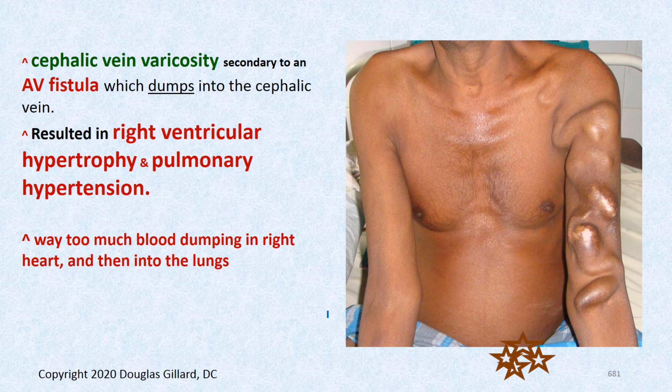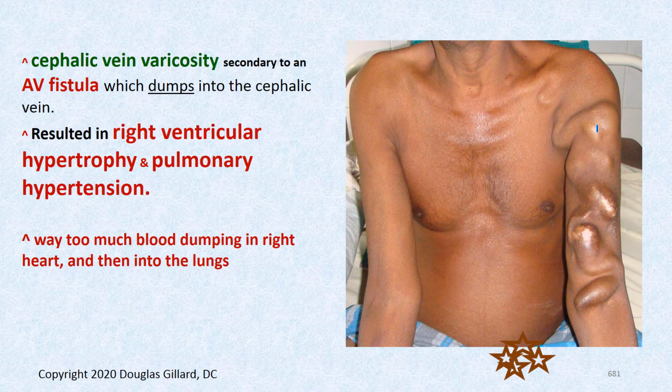Look at this guy. So this is, I think, in India, but he ended up having a cephalic vein AV fistula, secondary to an AV fistula running between one of the arteries and the cephalic vein, and just over the years, the pressure has just completely destroyed the cephalic vein.